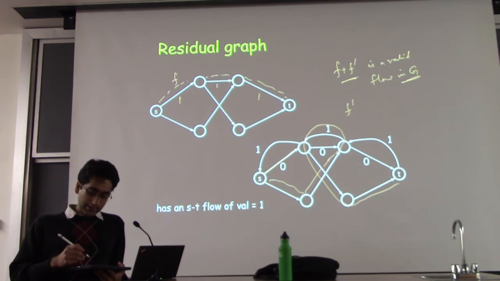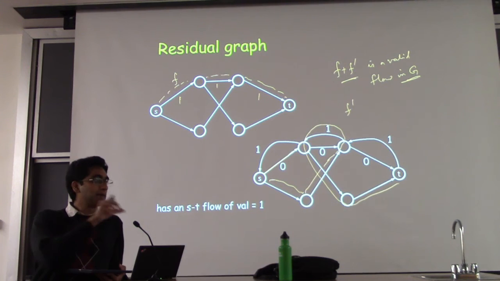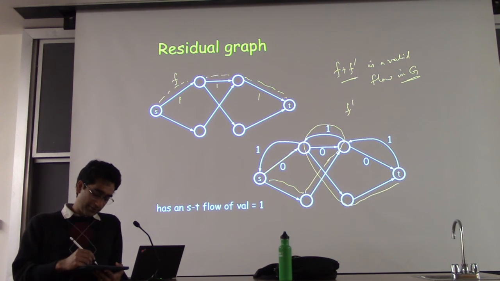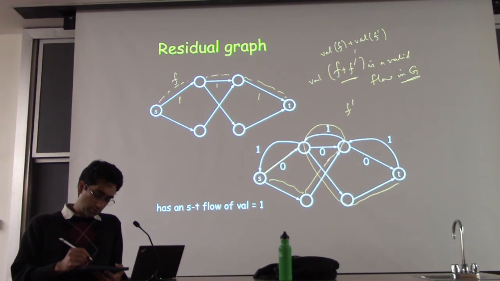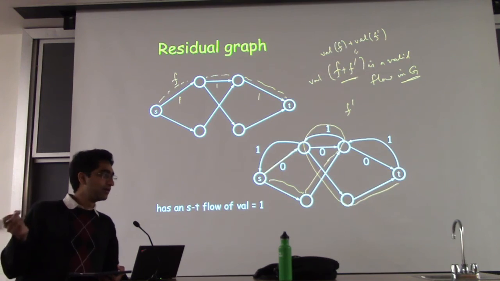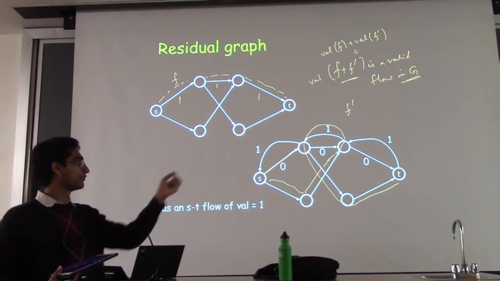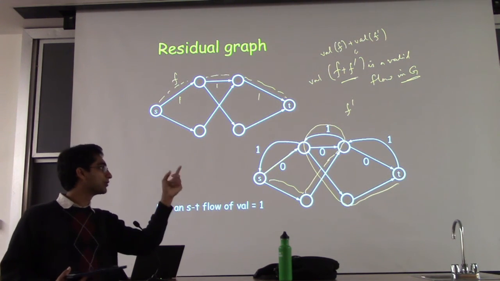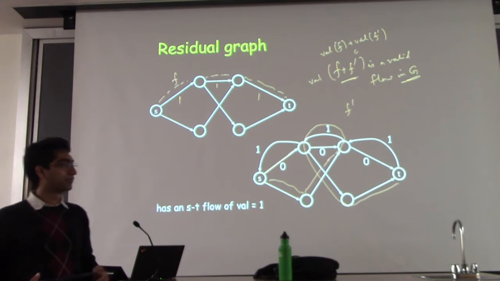And the value of this flow will be the sum of the value of f and the value of f prime. So that's the nice thing about this residual graph. You find some flow f prime on it, and then you can find a better flow.